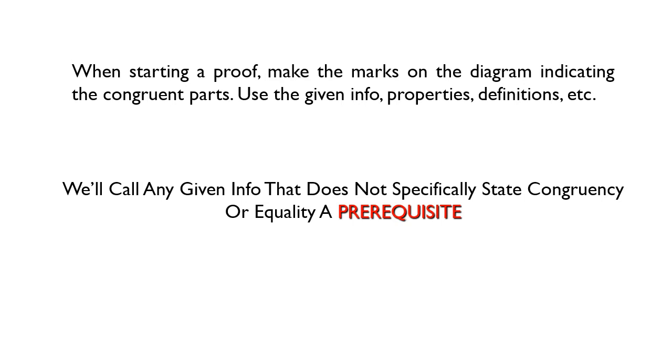Say for example, this is your given: side AB is congruent to side CD. So this one is already stating a congruency. No need to find the congruent part because it's already stated.